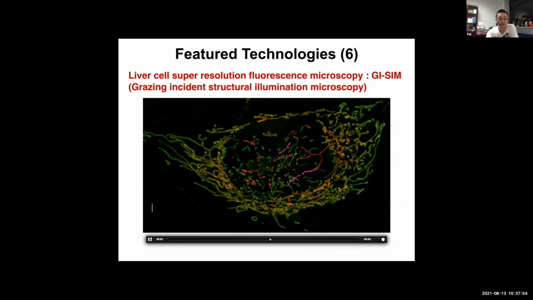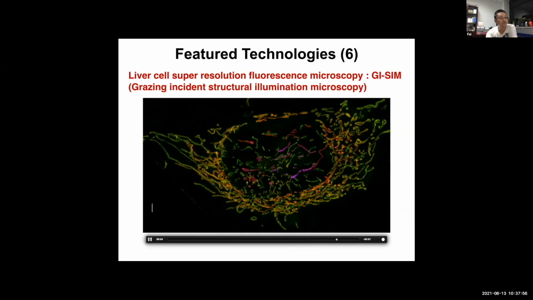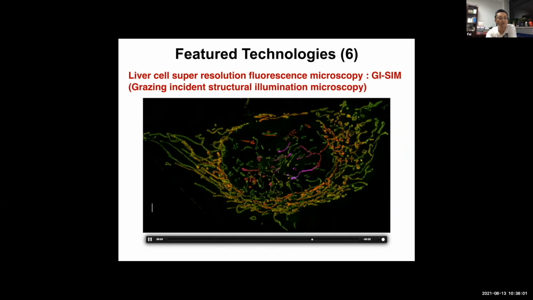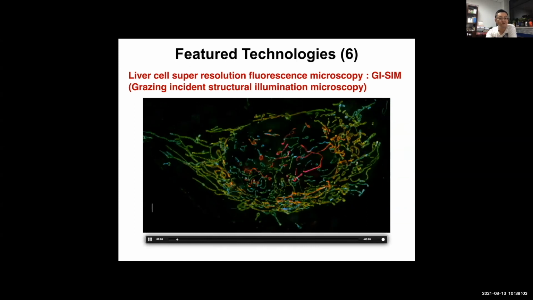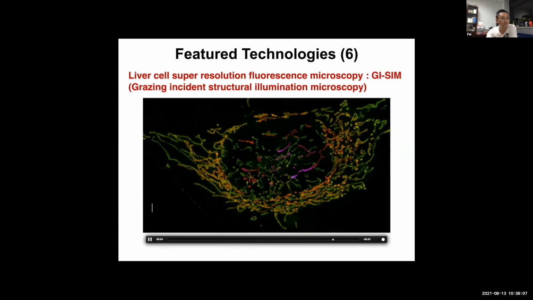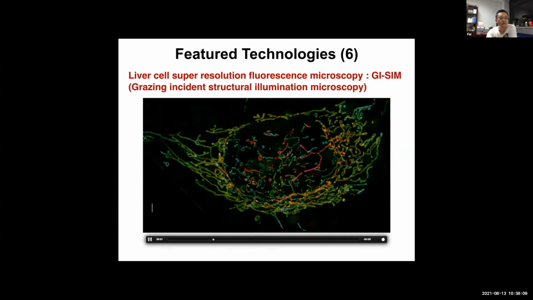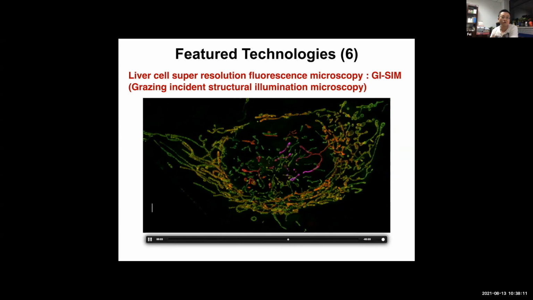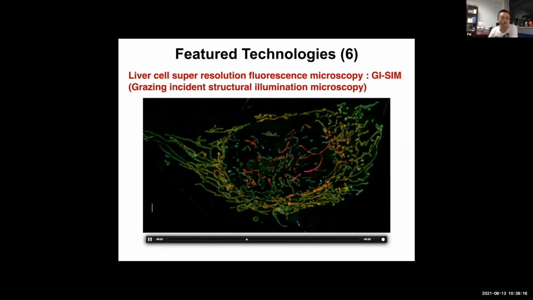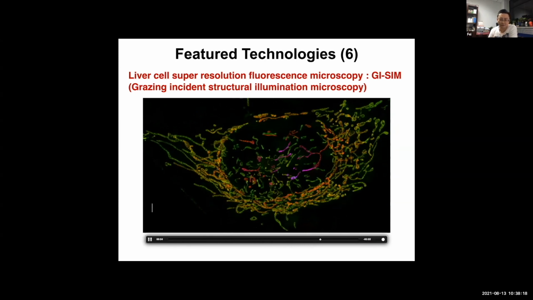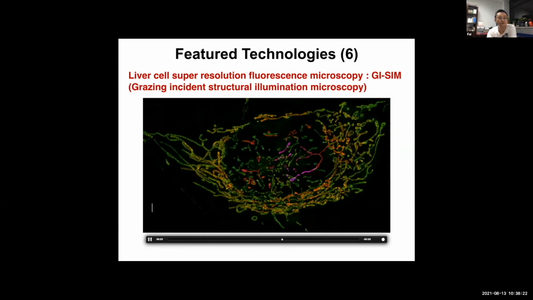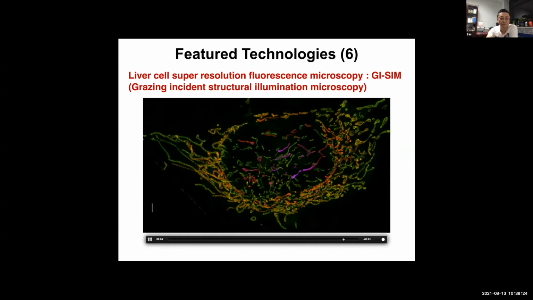So this is just a brief introduction about our biological imaging center and what kind of features and specific technologies we can provide. And these technologies can provide our users additional alternative approaches to address their own biological questions.